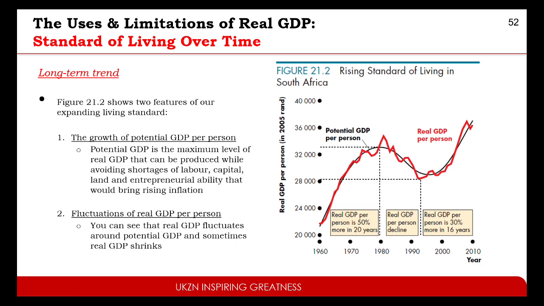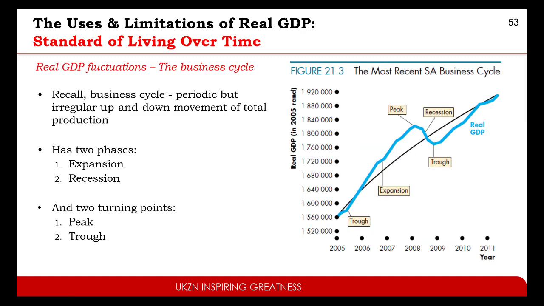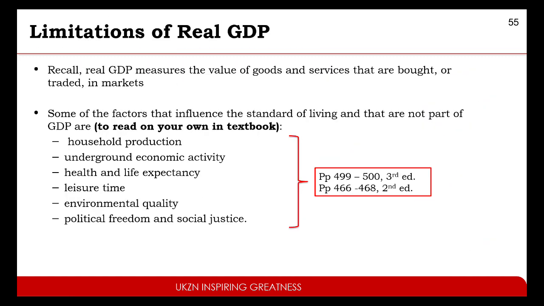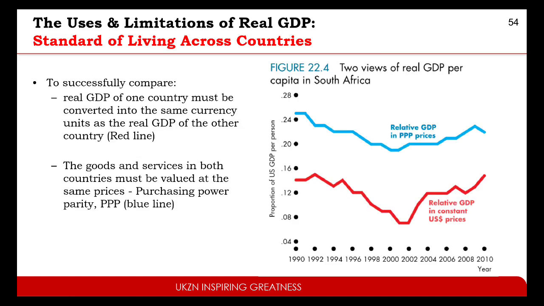If they put all the resources together, they could be on the black line, but they can't. That is why it goes up, down, up, down. They fluctuate constantly. So this is normal.